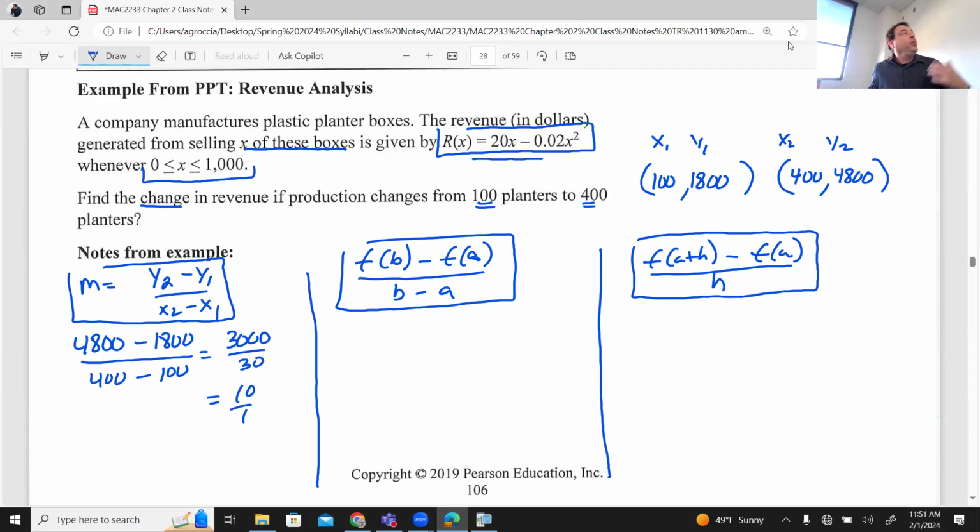Okay? Now, before we move on, let's talk about what we just found. What we just found is the change in y over the change in x. So the 10 is talking about revenue. The 1 is talking about the planters, the planter boxes, right?